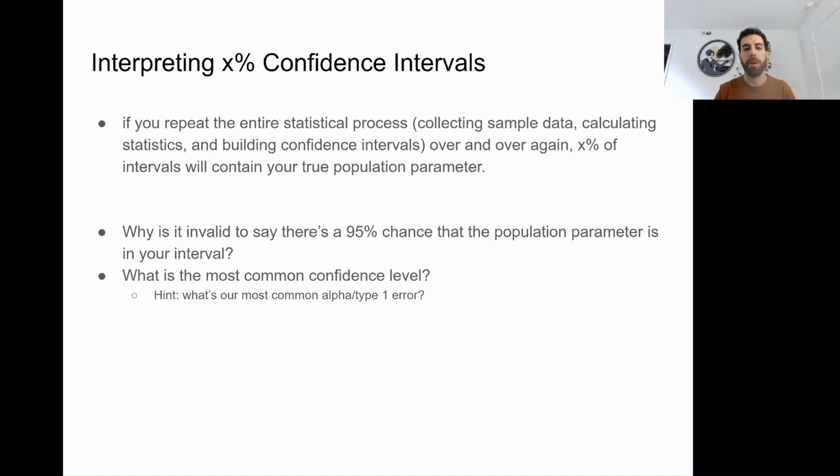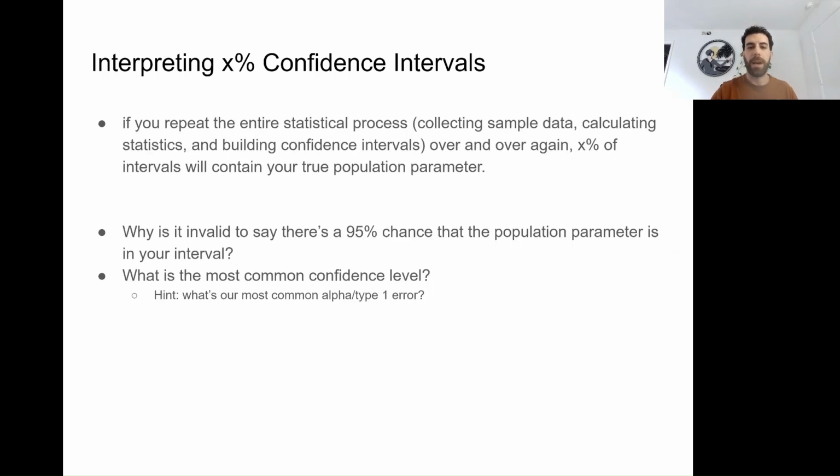An alpha of 0.05 corresponds to a confidence level of 95%, and we carry that type 1 error over in our confidence interval calculations. You could construct 97, 99, 90% confidence intervals as well, but this is the standard for no particularly good reason, just like with our type 1 error, alpha.